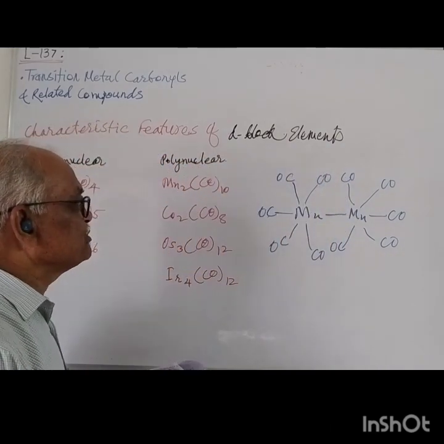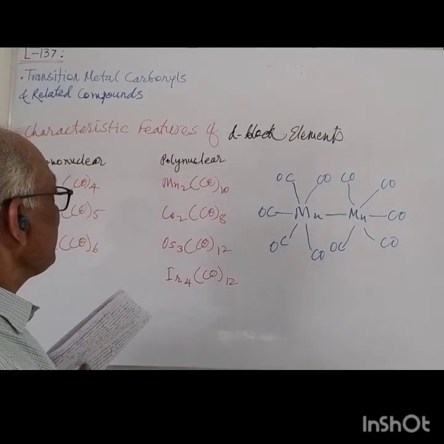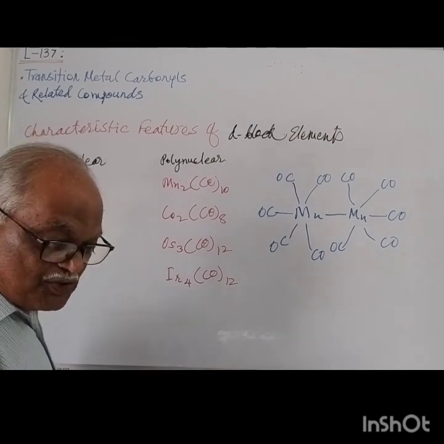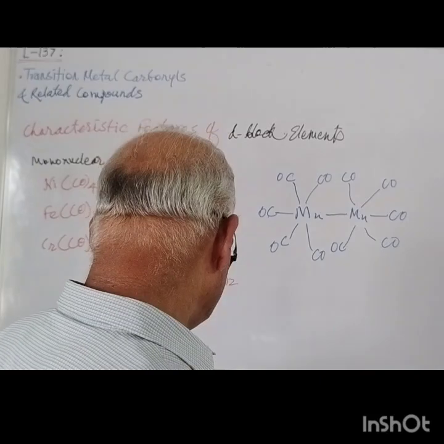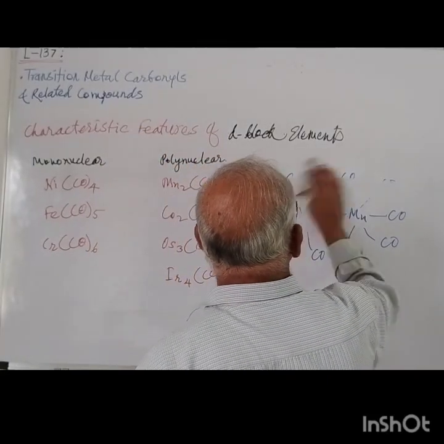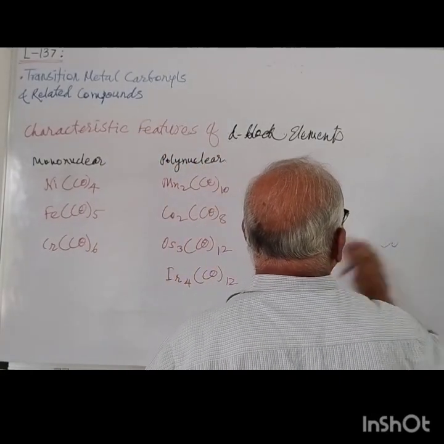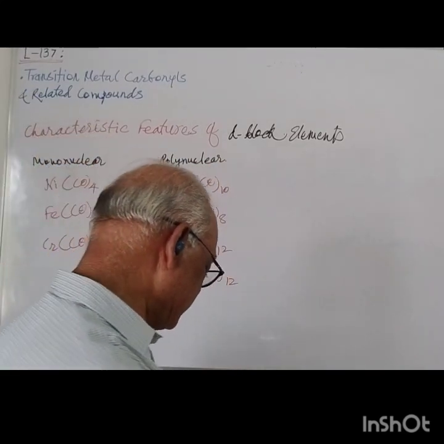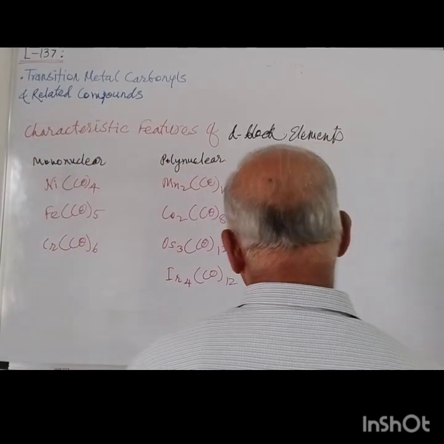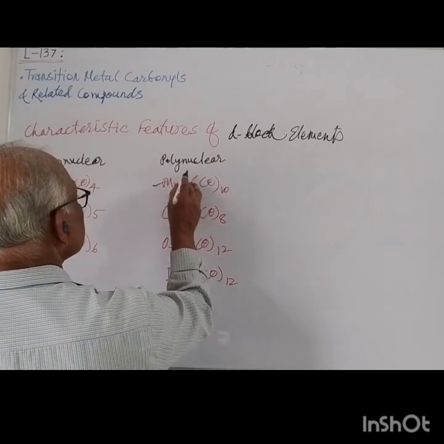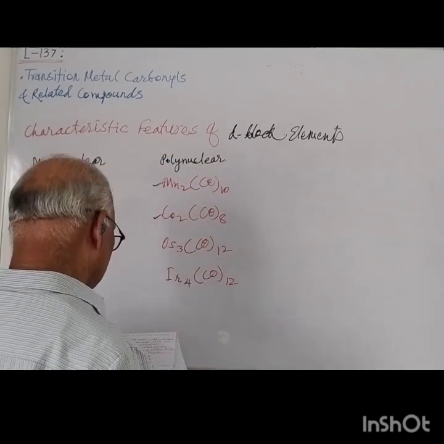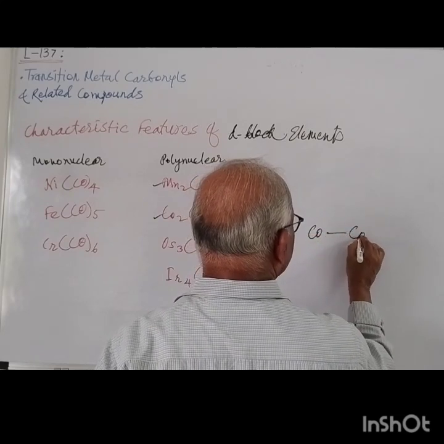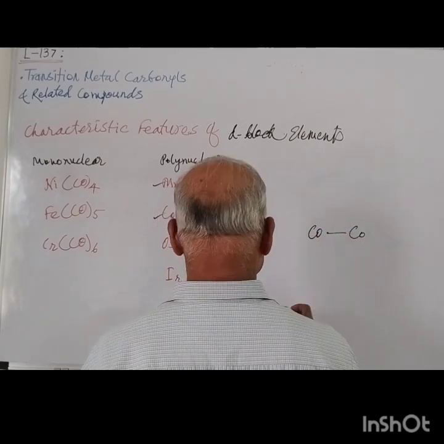This is Mn2CO10. Now another structure can be shown like this, Co2. So we have seen this structure. Now this Co2CO8, so cobalt bonding is like this.